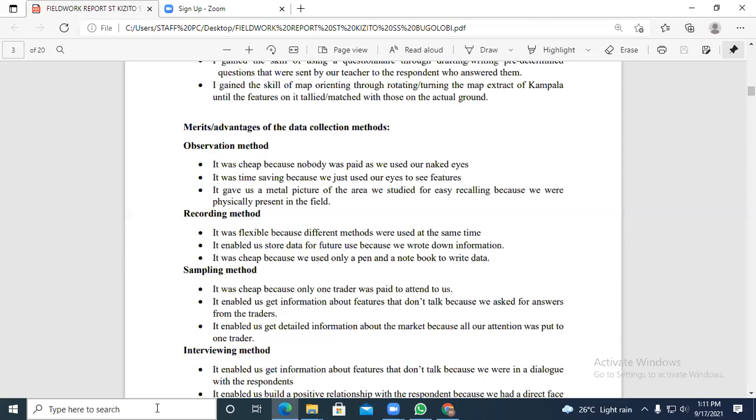You say using observation method, we faced a problem of poor visibility due to misty, due to fog, and we are not able to see other land use activities around Mbuya Hill. Are you getting what I'm saying?